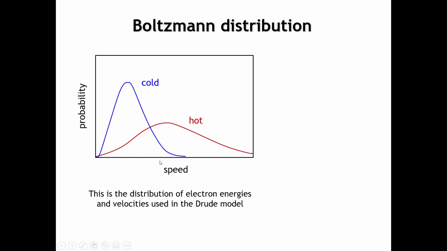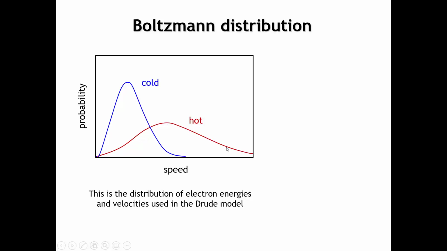It shifts the distribution to lower speeds and it tends to concentrate it around the average value. When the gas gets hot, the distribution spreads out, and so that shifts the maximum to faster speeds, and we get a much wider distribution. And of course, we could get this same kind of effect if we were talking about heavy atoms. That might be the blue curve, and light atoms might be the red curve.